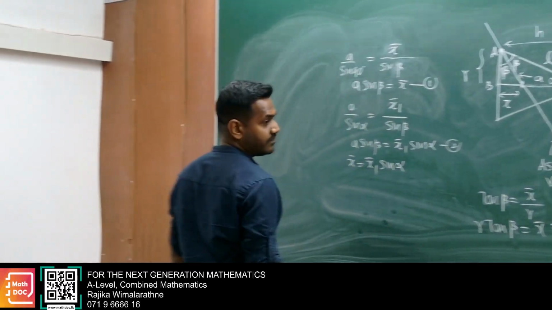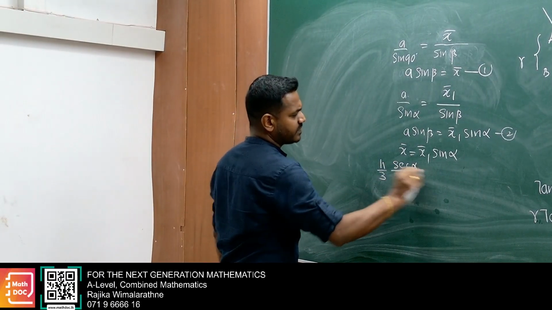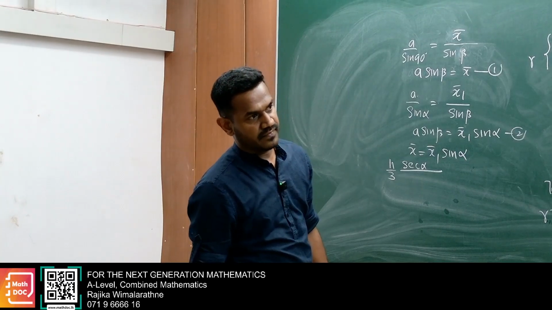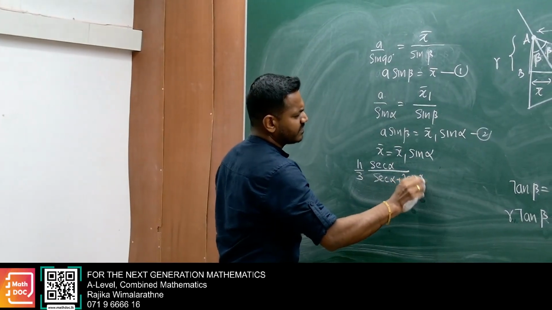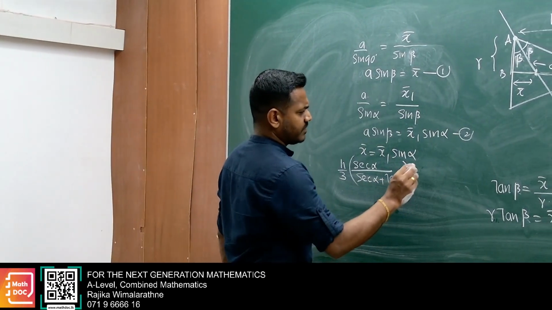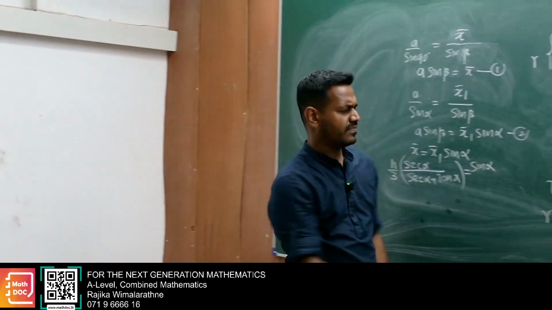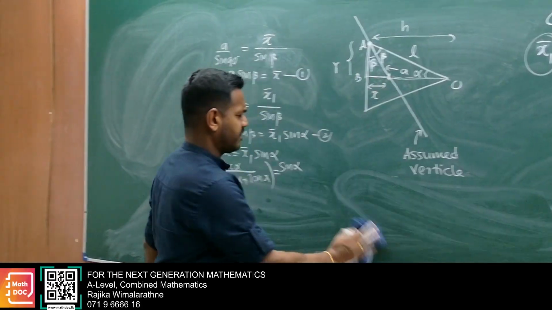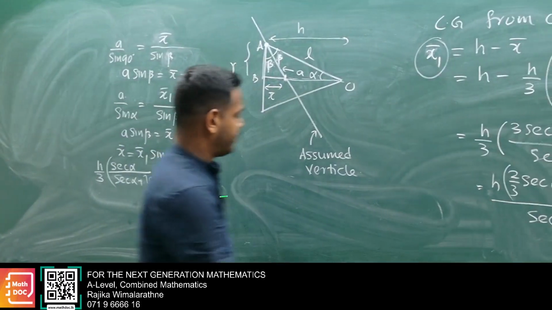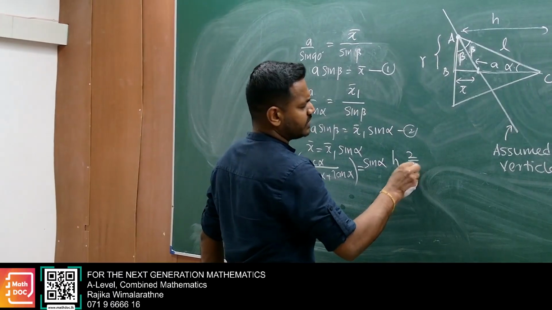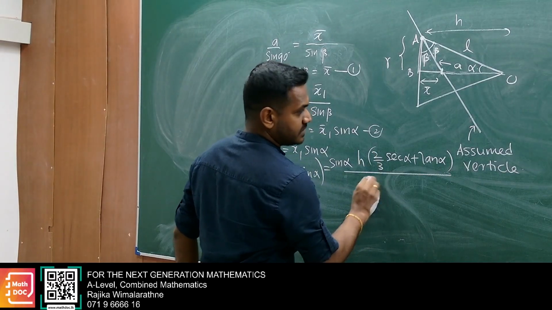Then x bar equals h over 3 sec alpha over sec alpha plus tan alpha. Here sin alpha, x bar 1, put x bar 1, here it is h 2/3 sec alpha over sec alpha plus tan alpha.